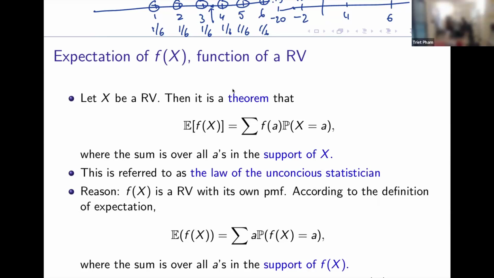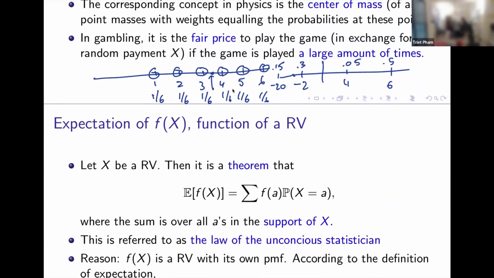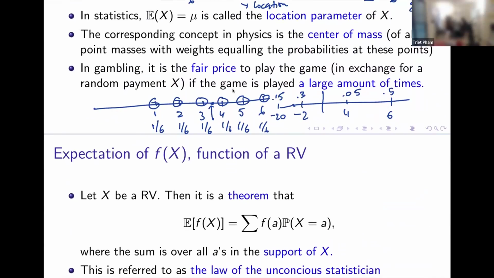So if you have a random variable, then the expectation of the function of the random variable will go like this. Basically you sum over the function evaluated at the values of x, multiplied by the probability x takes on those values.